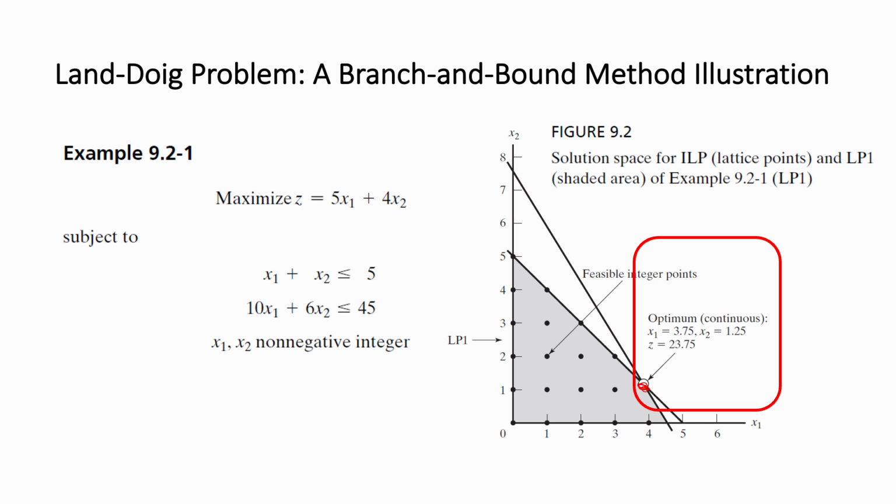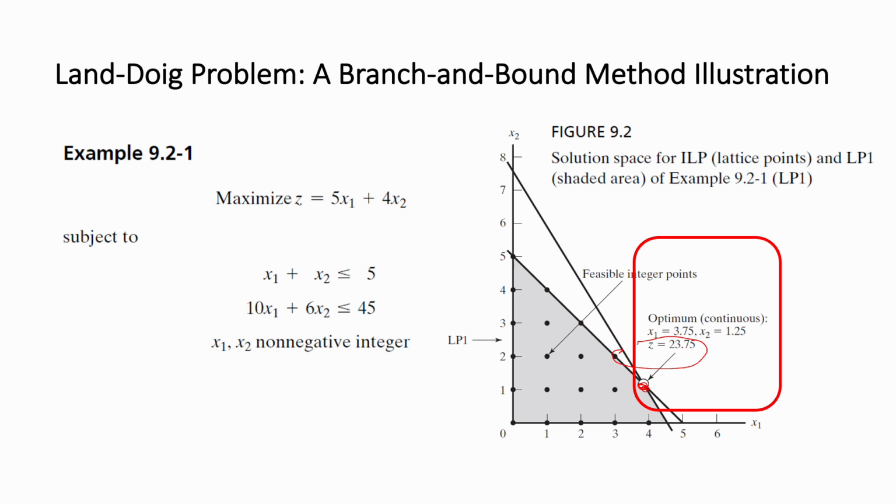Okay, so these values give the LP upper bound for the original maximization ILP problem. Since this is the upper bound, it means that the true integer optimum cannot exceed 23.75. Again, the solution of the LP gives us an upper bound for the solution of the ILP.